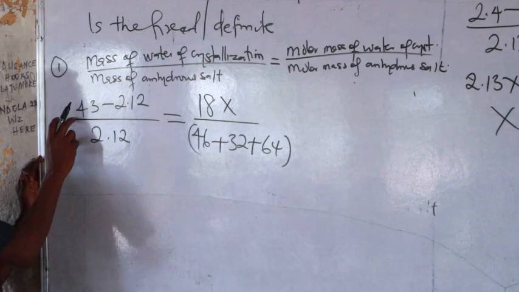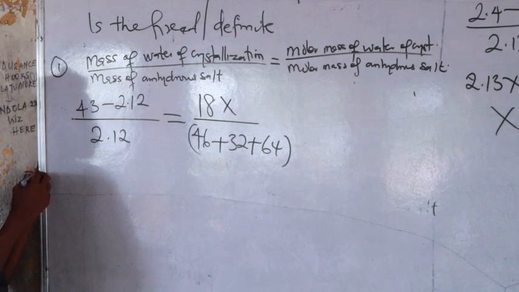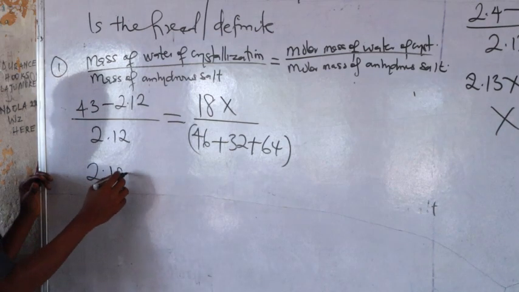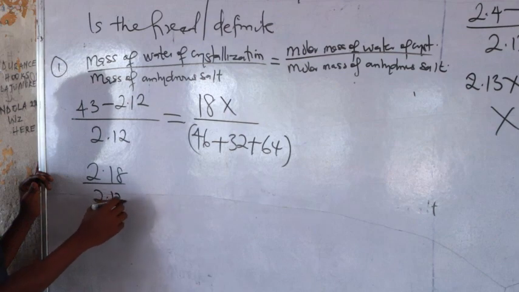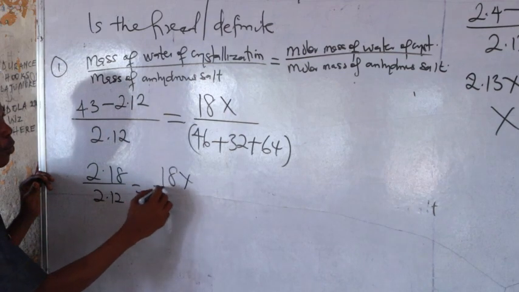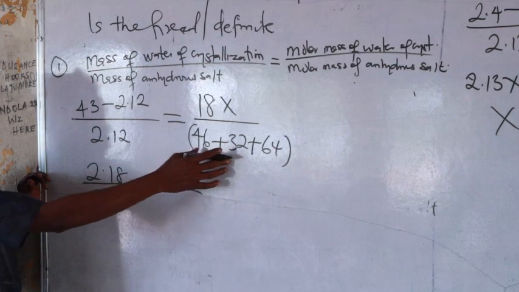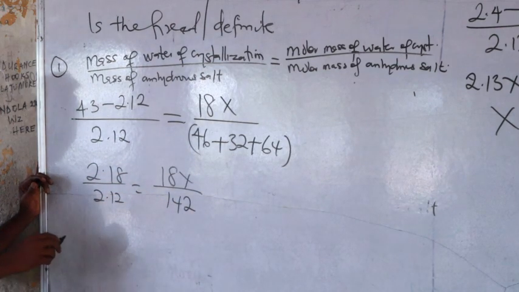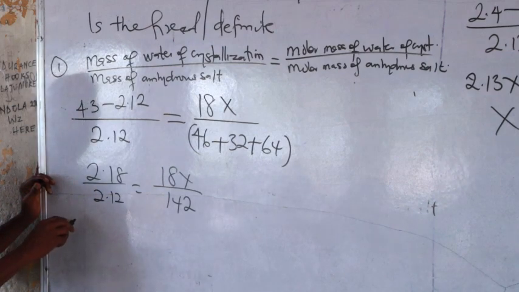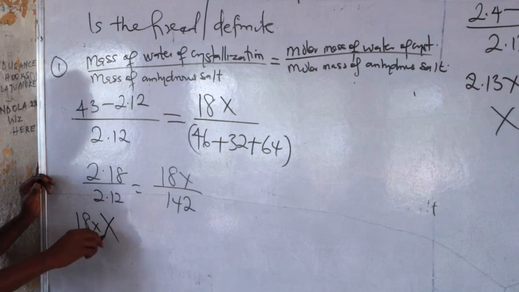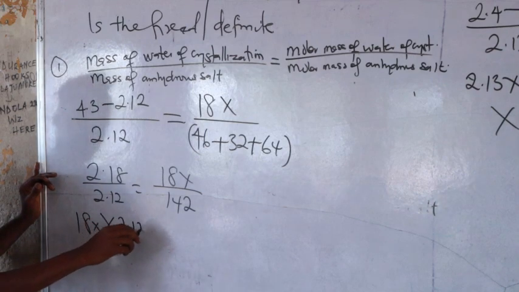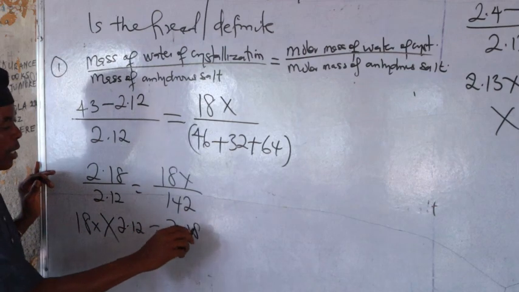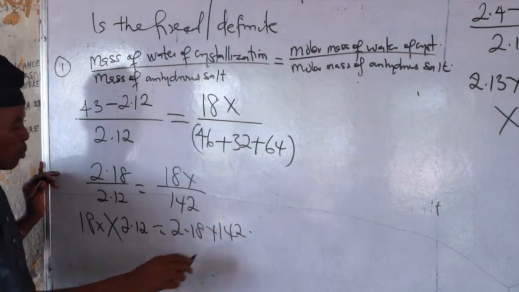Then we have, what is 4.3 minus 2.12? 2.18 over 2.12 is equal to 18x over, what is all of this? 142. Then from here we can say 18x times 2.12 is equal to 2.18 times 142.